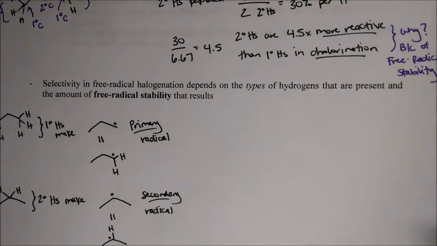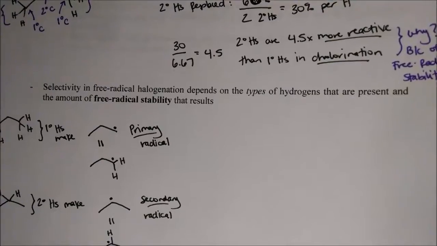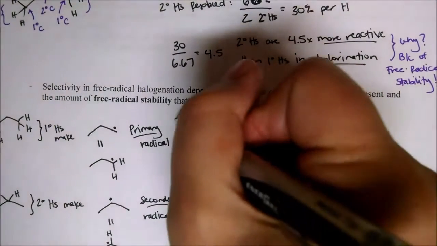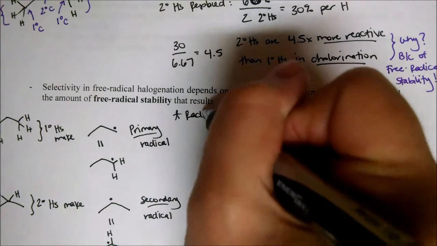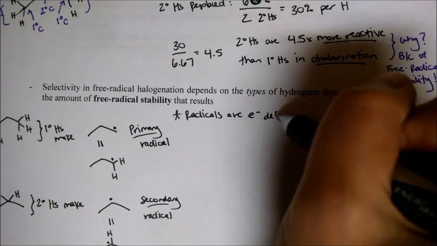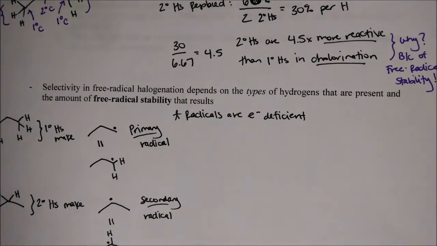So why does it prefer to react with the secondary hydrogens? Why does it prefer to make the secondary radical? That's because radicals are electron deficient. Okay, this becomes important. Radicals are electron deficient. Again, they are unpaired electrons, so they definitely want more electrons.